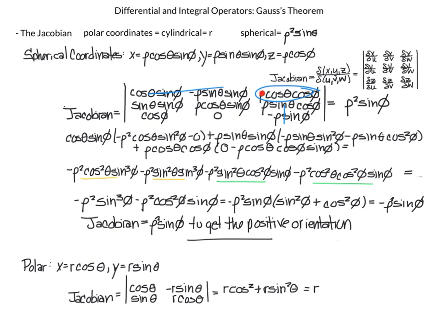Finally, I have my rho cosine theta cosine phi times the cross product of this 2 by 2 matrix, so that's a 0, and then I have my rho cosine theta cosine phi and sine phi. I do some algebraic or trig manipulations, and I finally get minus rho squared sine phi. So the Jacobian, as I said, to get the positive orientation, we take the positive rho squared sine phi.